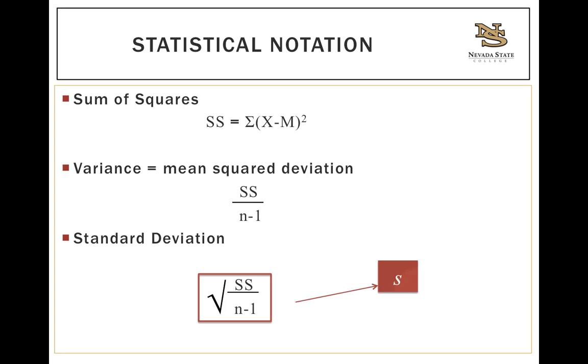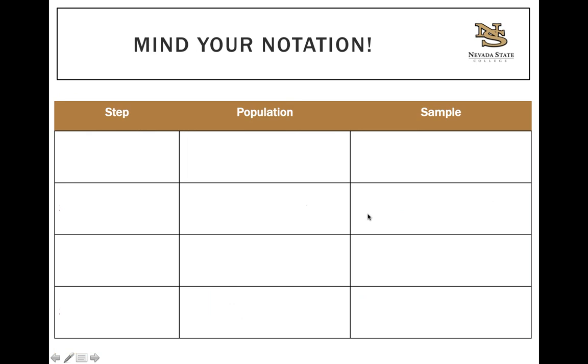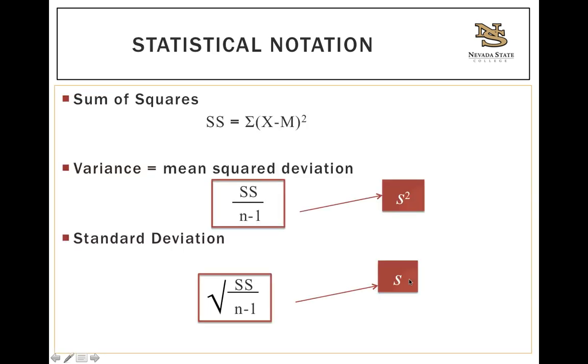We note the standard deviation for a sample with a lowercase s and the variance of our sample with a lowercase s squared. So much like our population where we had sigma and sigma squared, for our sample we're using s and s squared.